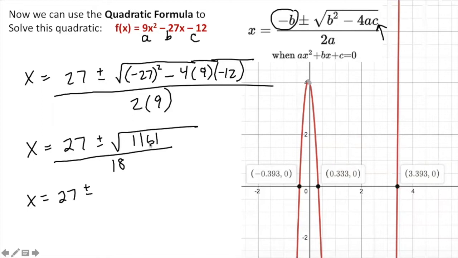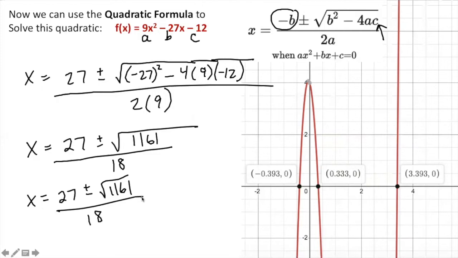So the square root of 1161 is, that looks like it's irrational. It's 37.0734. So for now, I'm just going to leave it as it is, over 18.